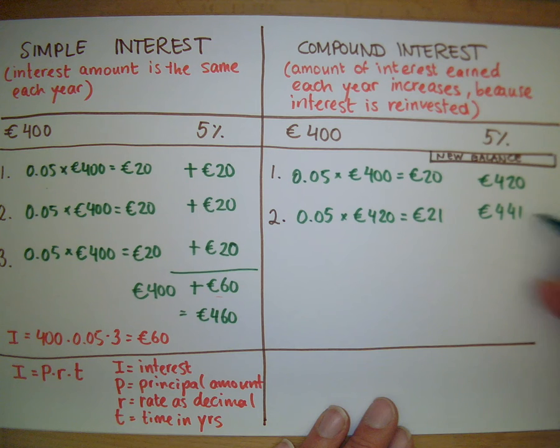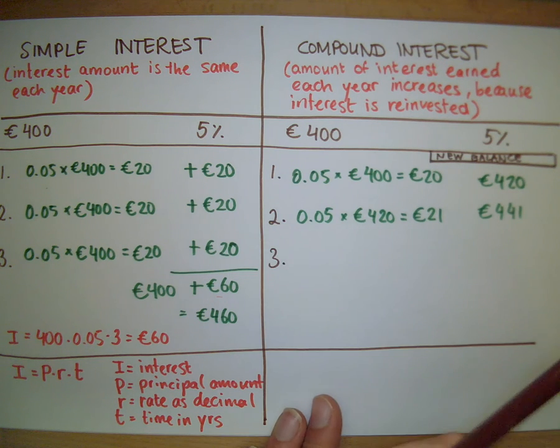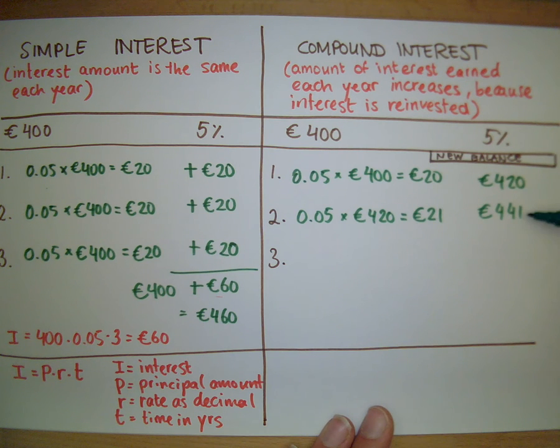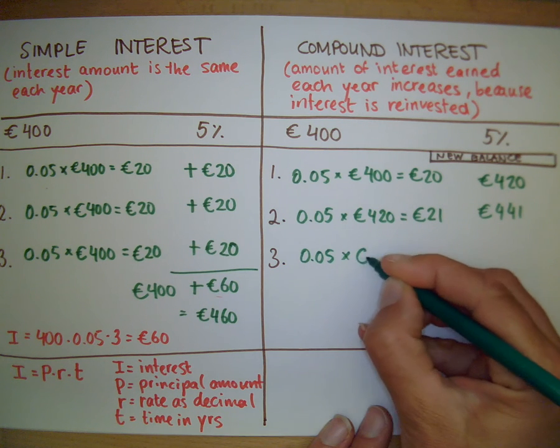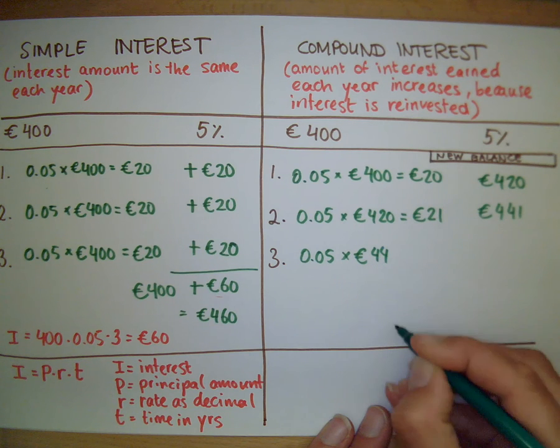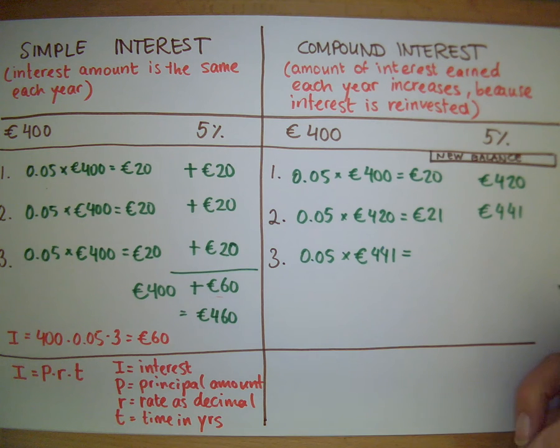for 441, right? At the end of the third year, they'll say, thank you so much for letting us use your 441 euros. We're going to give you 5% interest over that amount that we've had all year to use as we please.